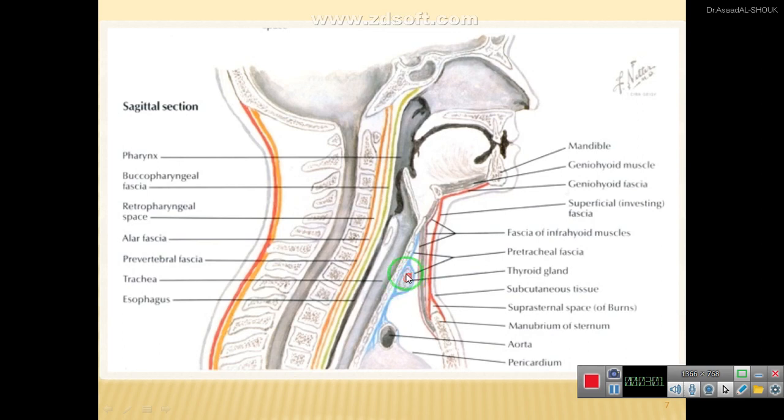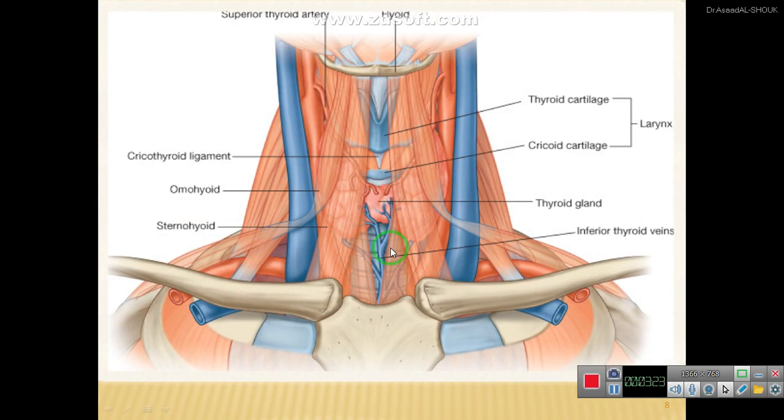This fascia also encircles the thyroid gland. Posteriorly we have this part of the pharynx, which is sometimes called the hypopharynx, the last part of the pharynx before the start of the esophagus, and here we have the start of the trachea.